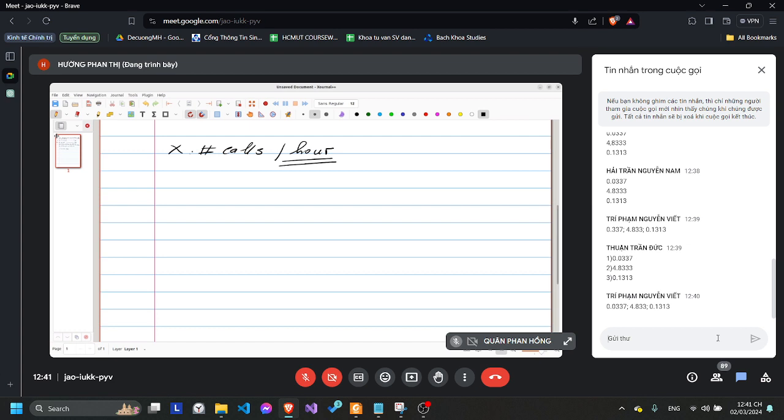When you work with the Poisson distributions, always remember to identify the unit we are using.